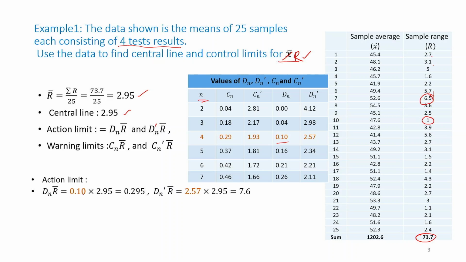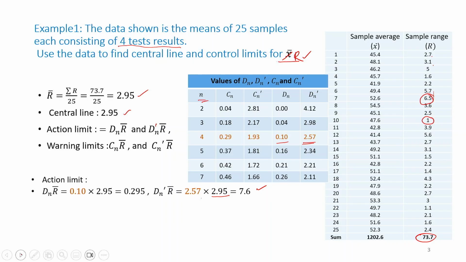So dn r bar, 0.10 into 2.95, is going to be 0.295, and d dash n r bar is going to be 2.57 into 2.95. This is the value of average range. This gives me a figure 7.6.